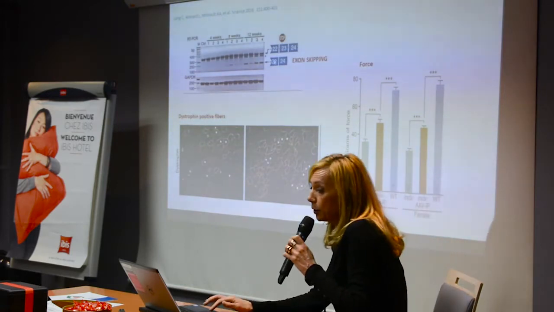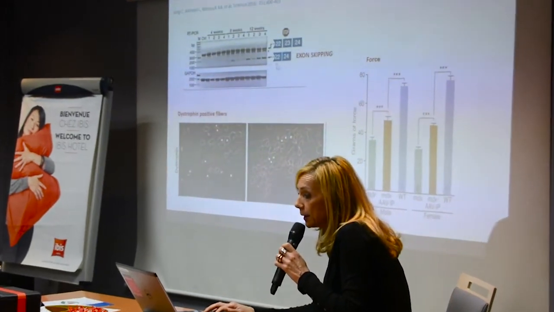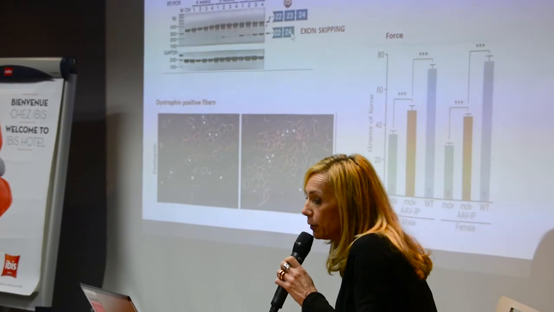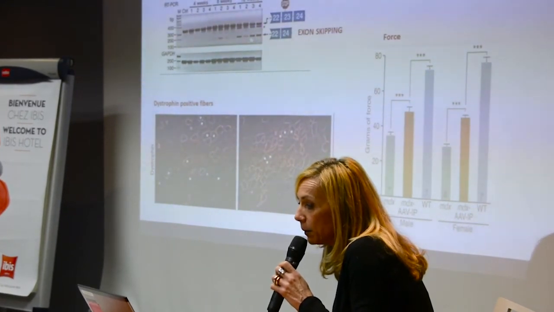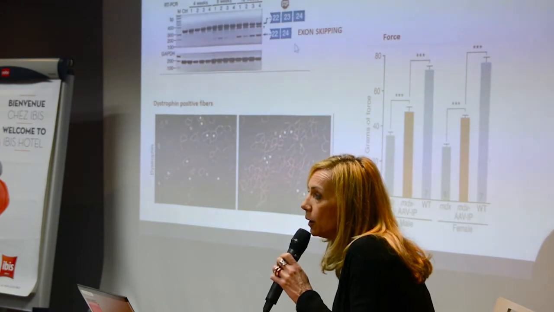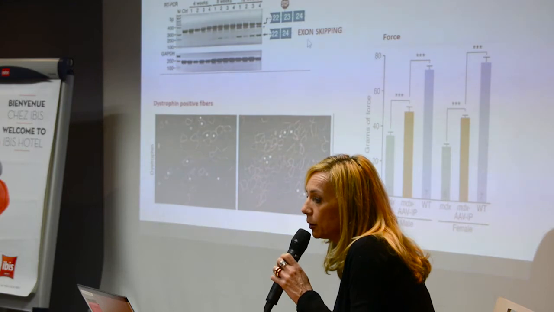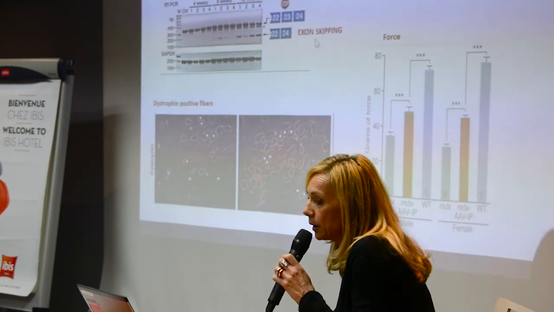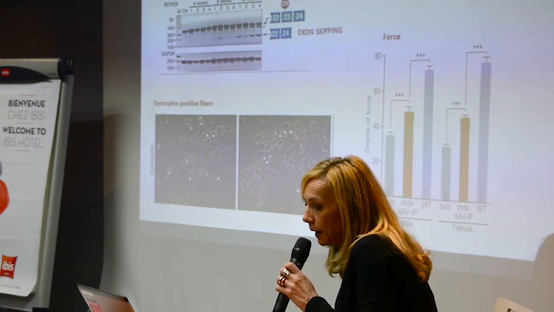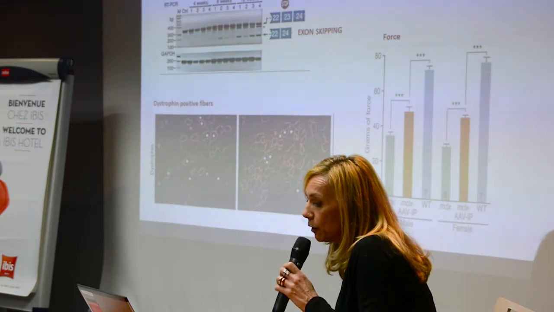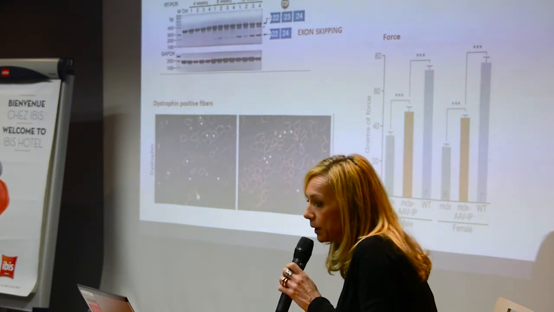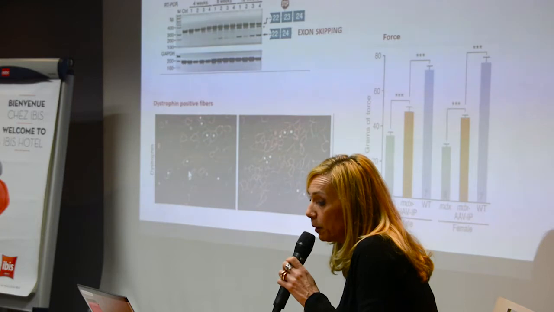In this study, you can see that at the mRNA level, the black band corresponds to the removal of exon 23. So it's an exon skipping efficiency. You can see in a section of skeletal muscle dystrophin-positive fibers, here and here in red.